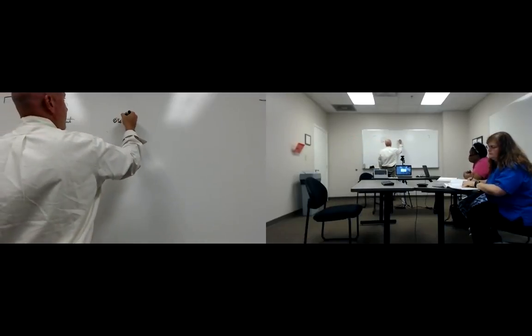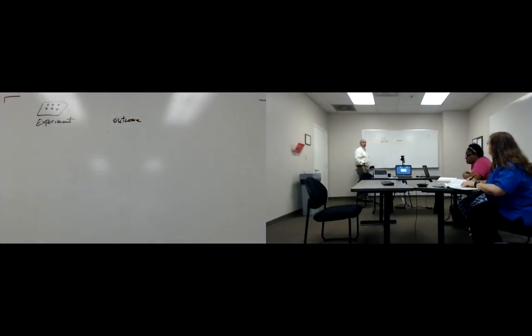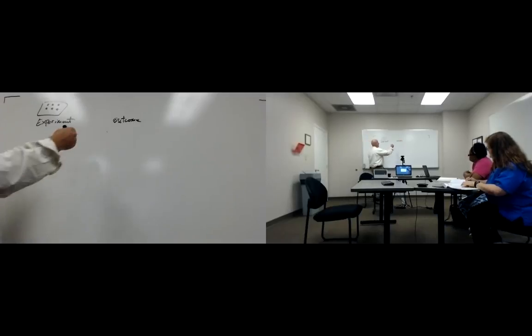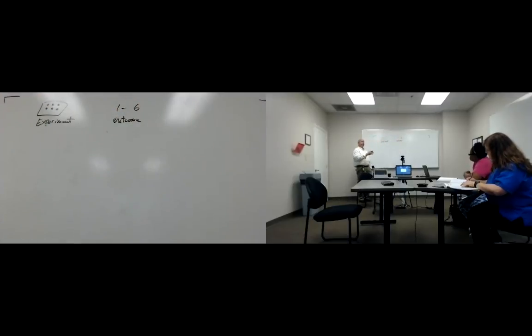What's the outcome? If I roll that die, the result of when I roll. It's going to be something between 1 and 6. It can't be 1 and 2. So remember that definition. It can only be one outcome.